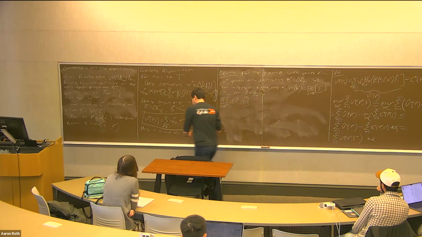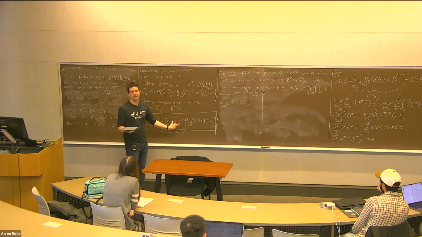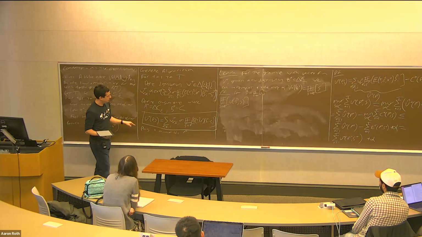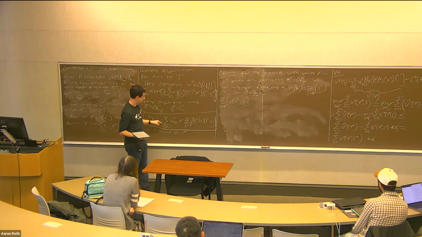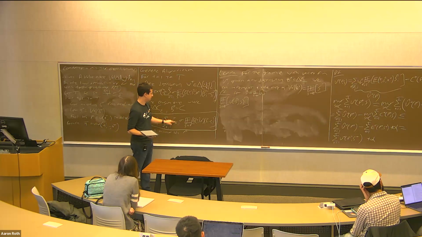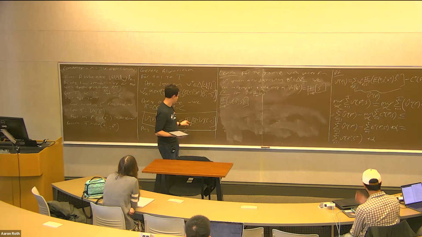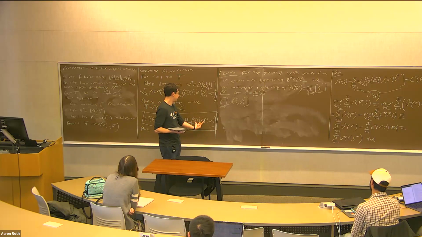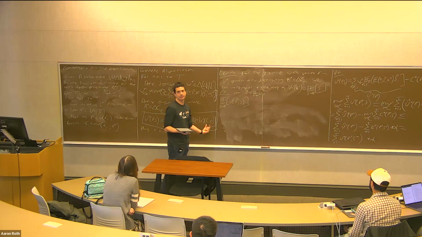Well, it's the expectation of this thing, expectation over S. And as I said, well, okay, this is actually a constant. This term is not a constant, but it doesn't depend on S. So it is a constant as far as the expectation over S is concerned.